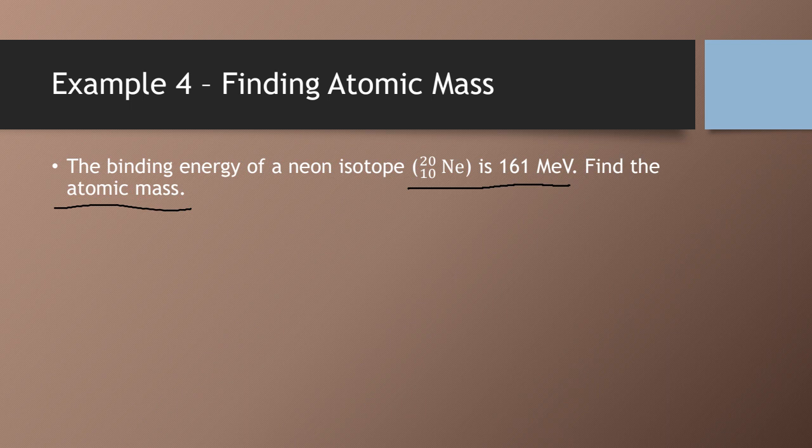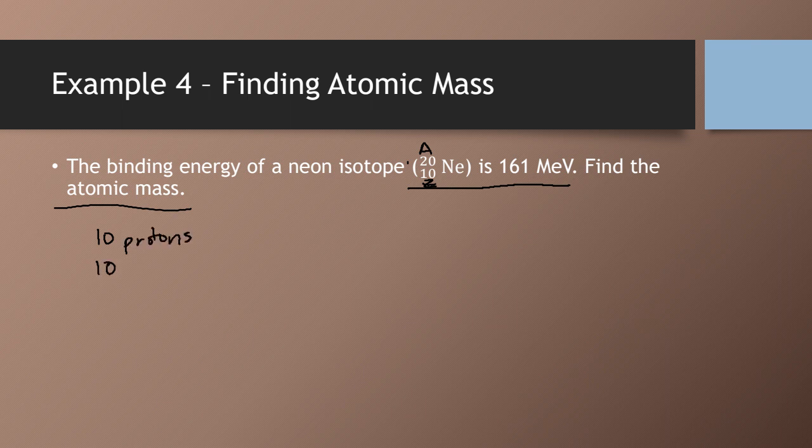Let's look at it this way. Remember that the top number is the mass number, so that's the total sum of the protons and neutrons. The bottom number is the number of protons. So there are 10 protons, and so there has to be 20 minus 10, or 10 neutrons.